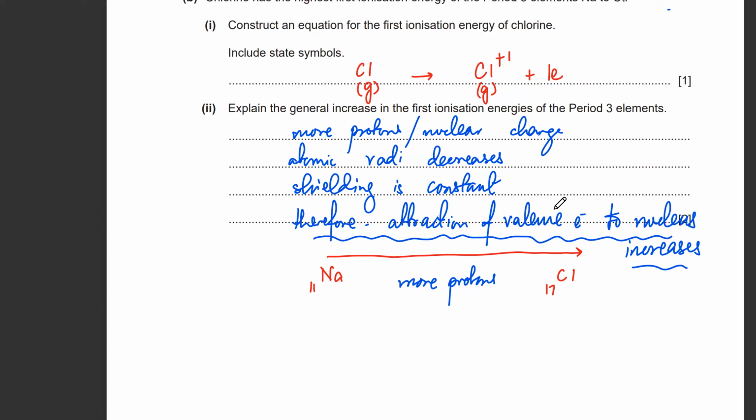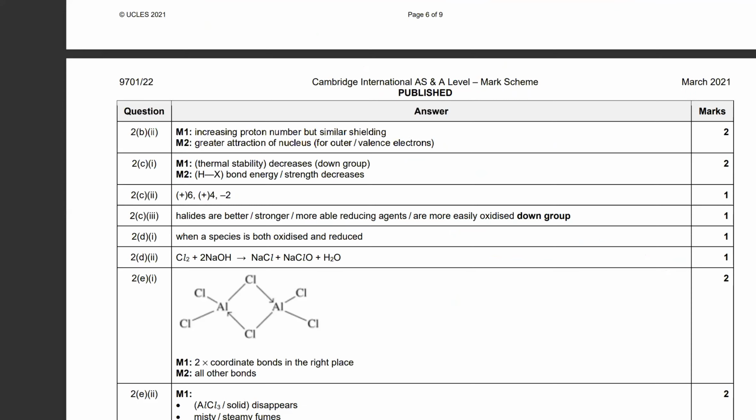So make sure you write this statement, that because of the above factors, although this is not required, I know that it doesn't make sense. Why are you writing this? But make sure you start writing it, because they've started giving this one extra mark for it: that the nucleus is now attracting the valence electrons more strongly. Clear?